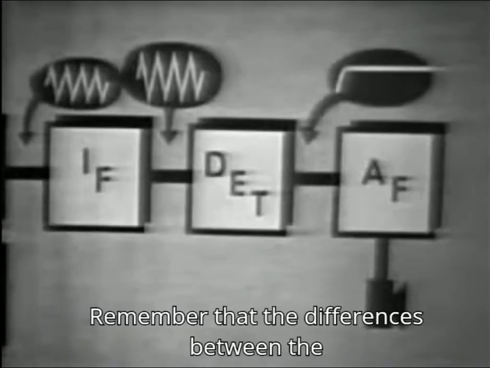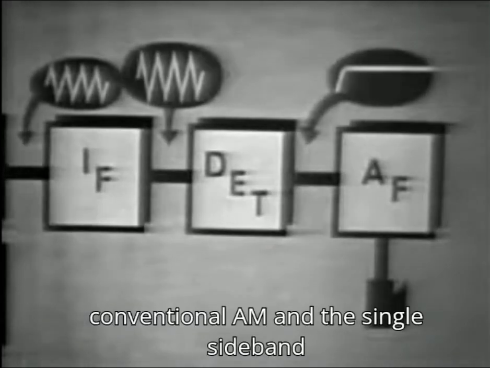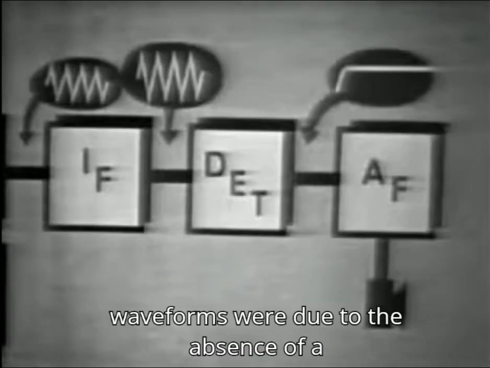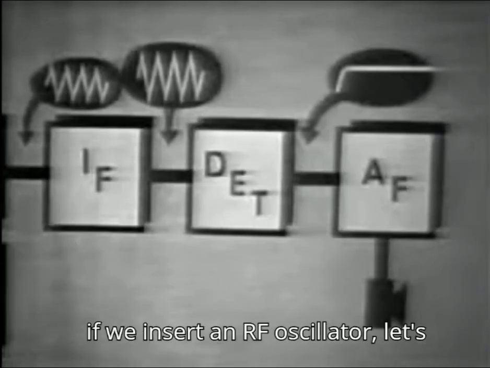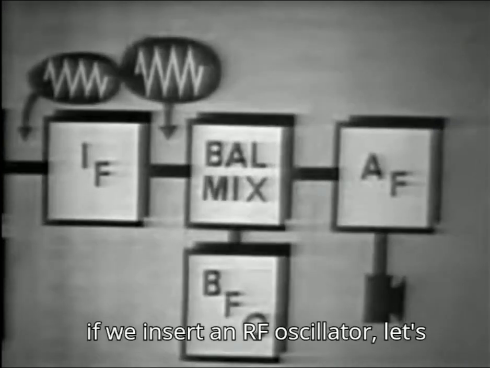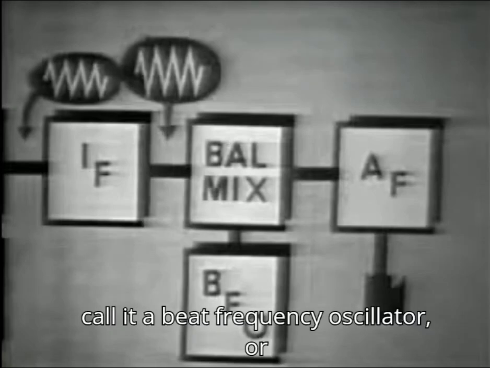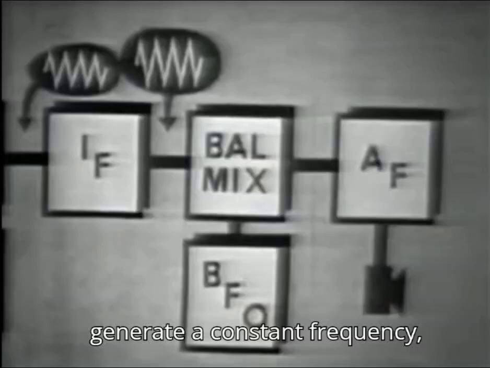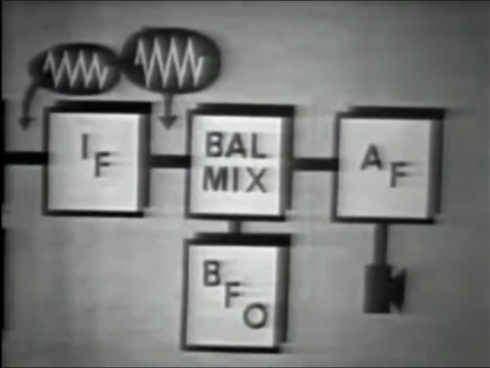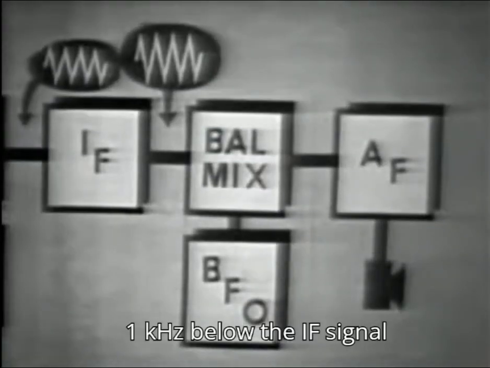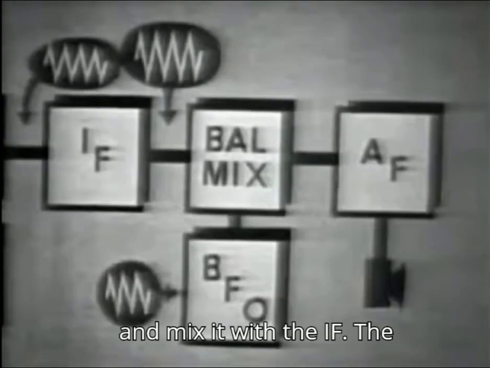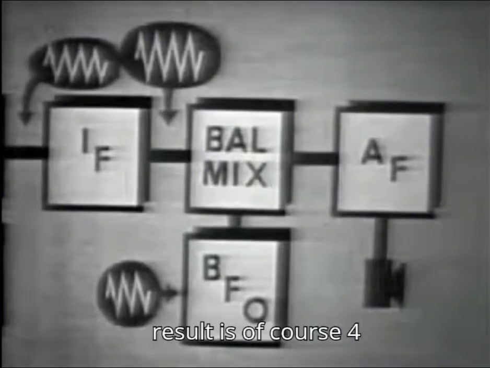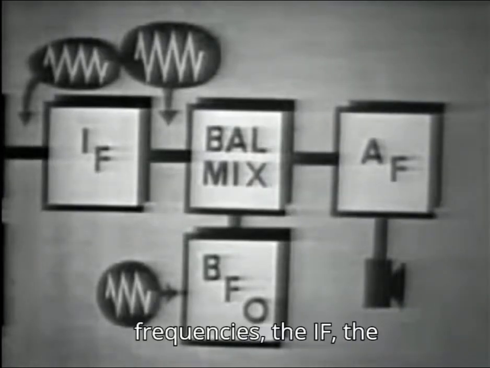Remember that the differences between the conventional AM and the single sideband waveforms were due to the absence of a radio frequency carrier. So if we insert an RF oscillator, let's call it a beat frequency oscillator, or BFO, to generate a constant frequency 1 kilohertz below the IF signal, like the original carrier, and mix it with the IF, the result is, of course, 4 frequencies.